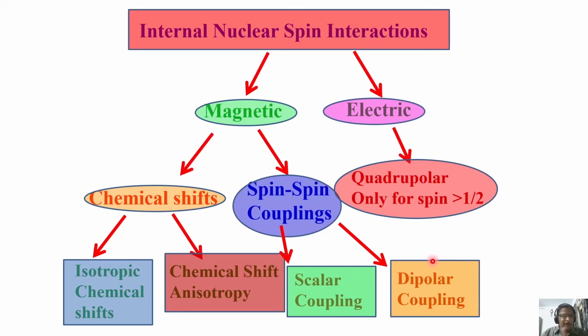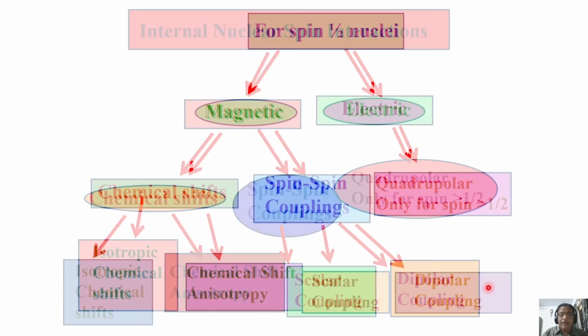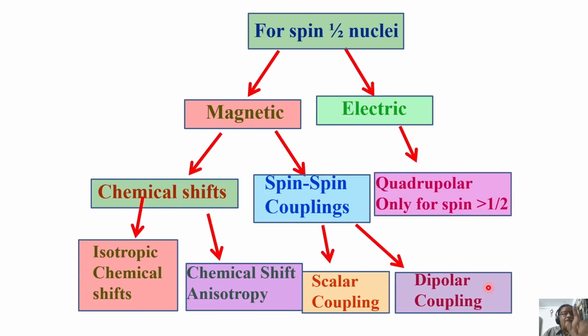Similarly, the dipolar coupling is also there, which again we can divide into 2 parts. We'll not go into more details, but remember, the broad classification is that chemical shift has an isotropic part and an anisotropic part. Similarly, spin-spin couplings I have classified as scalar coupling and dipolar coupling. Now I concentrate on spin-half nuclei.